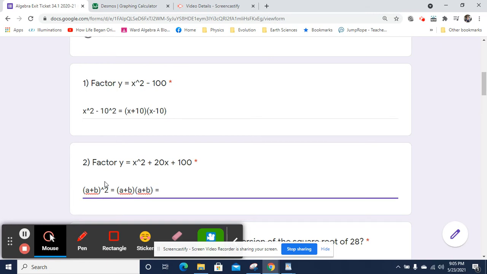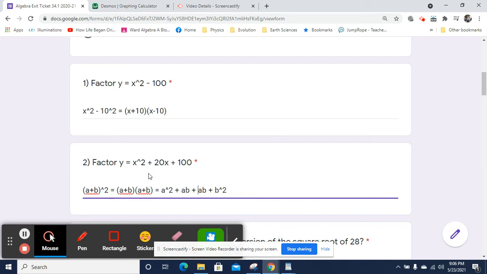That multiplies out, or expands, into a squared, because I got a times a here. I've also got b squared because I've got the b times b. But in the middle, I've got an a times b and an a times b, so I've got an ab plus ab.